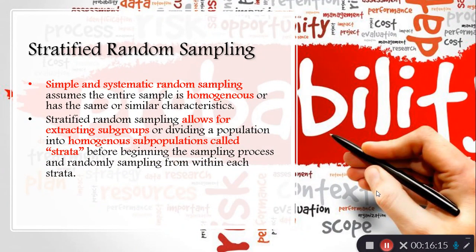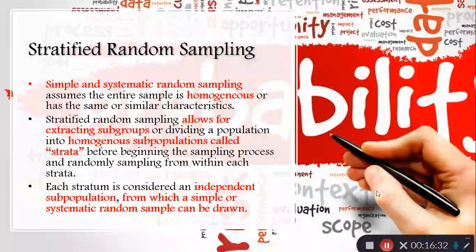However, stratified random sampling allows for extracting subgroups, or dividing a population into homogeneous subpopulations that we call strata, before beginning the sampling process and randomly selecting from within each strata. So each stratum is considered an independent subpopulation from which a simple or systematic random sample can be drawn.